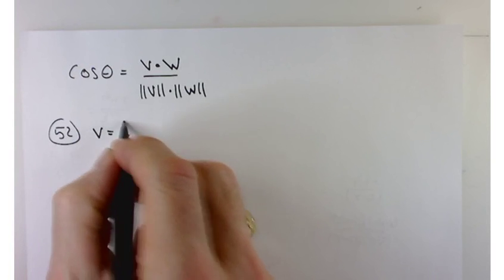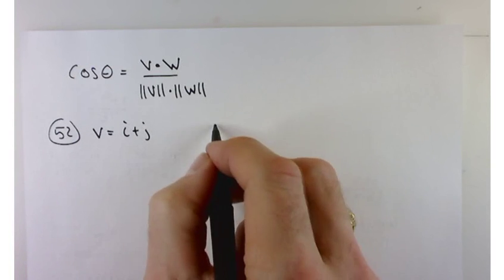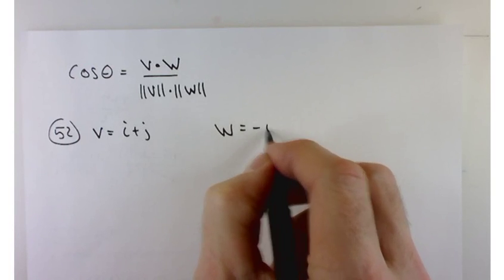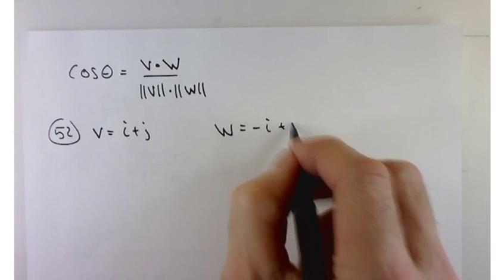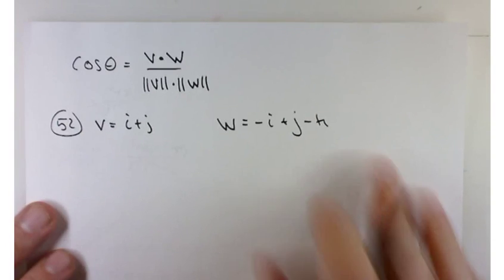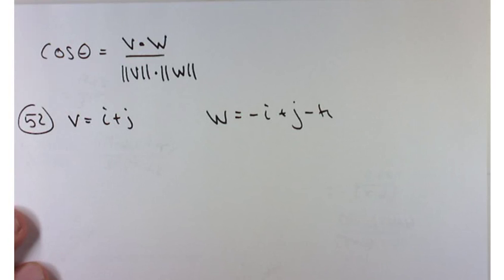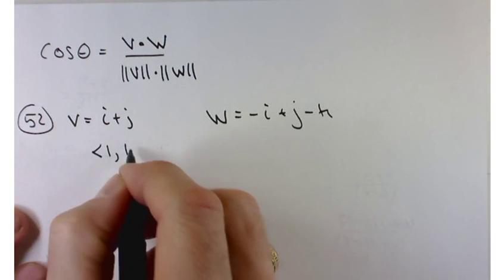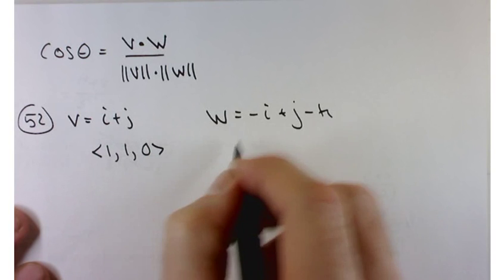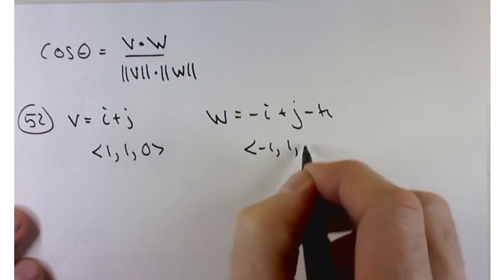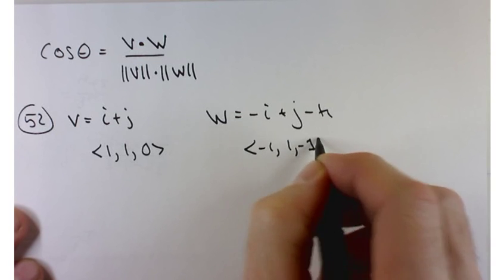V is i plus j. W is negative i plus j minus k. Let's write it like this: 1, 1, 0, and negative 1, 1, negative 1.